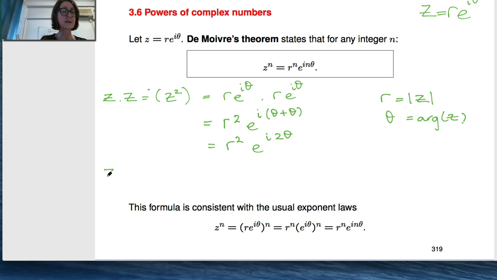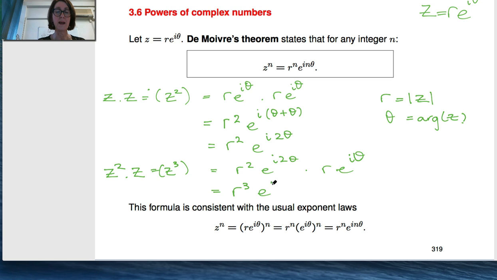Okay, so if that's z squared, let's multiply that by z again, and that means we've got z cubed. So that's just r squared e to the i 2 theta times r e to the i theta. So again, we multiply the moduli together and add the angles.